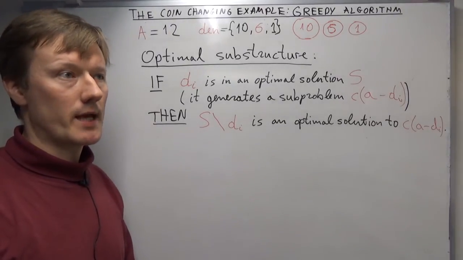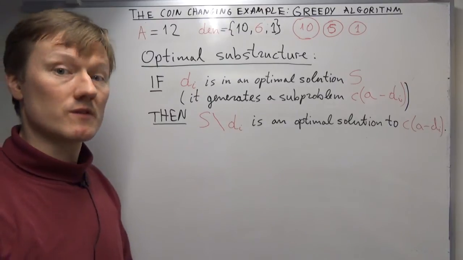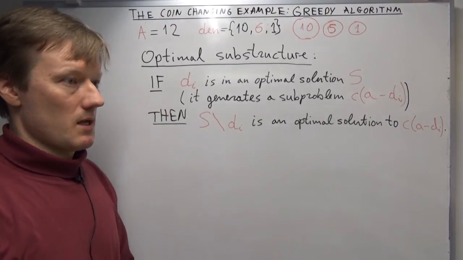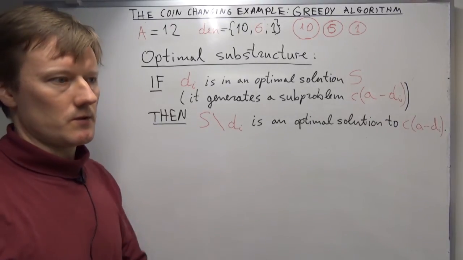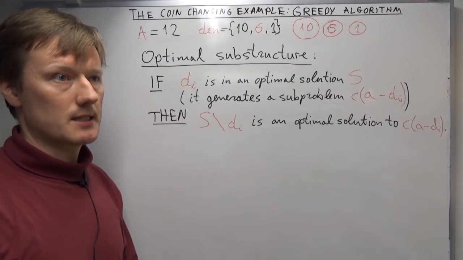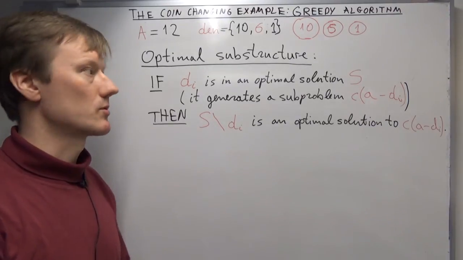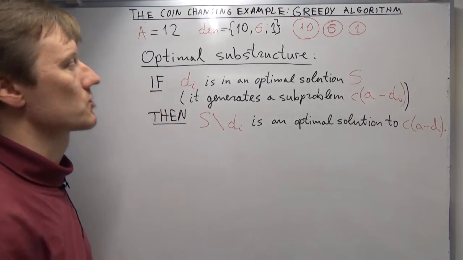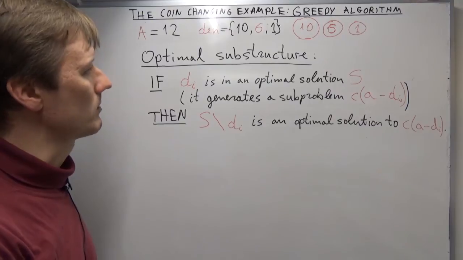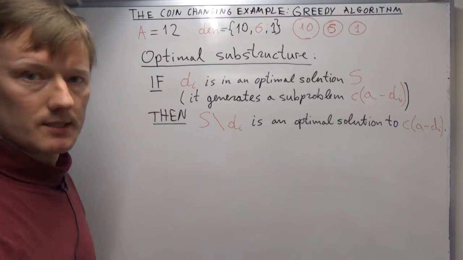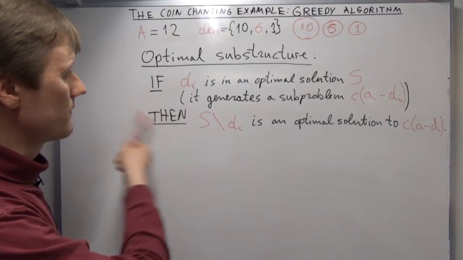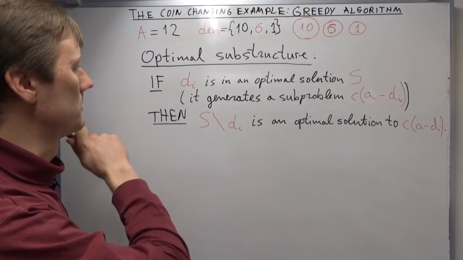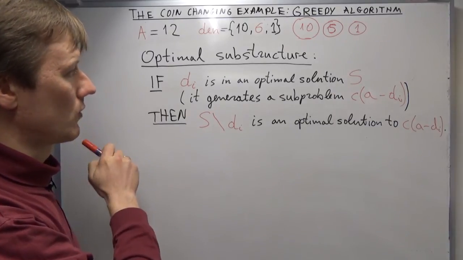Finally, the last thing we have to look at, if we want to convince ourselves that our greedy algorithm is correct, and also that our dynamic programming is correct, is to show a so-called optimal substructure for the problem. I talked about that in the lecture, but specifically for this problem, that's how we would have to formulate it.